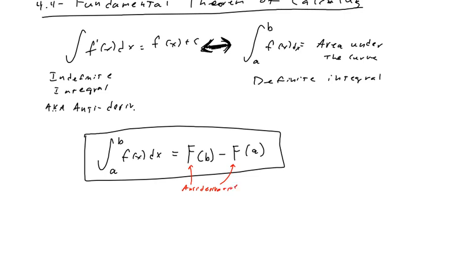And so you use the antiderivative. Whatever my antiderivative ends up at with b, minus where I started with from a, is equal to the area. It will exactly equal the area under this curve, right?